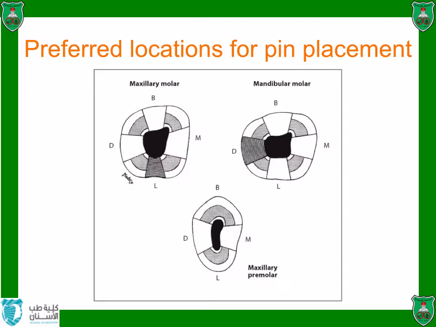Sometimes we have severe angulation between the root and crown, so it might be dangerous to place pins in this area. However, this depends on the anatomy, so if you don't have any other location to place your pin, you might use them very carefully, but you need to have good x-rays to determine the angulation between the crown and the root. Now this is all about retention and resistance form using pins.